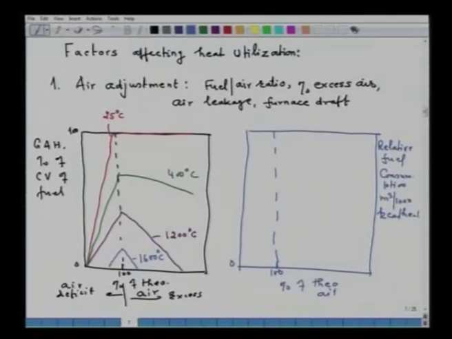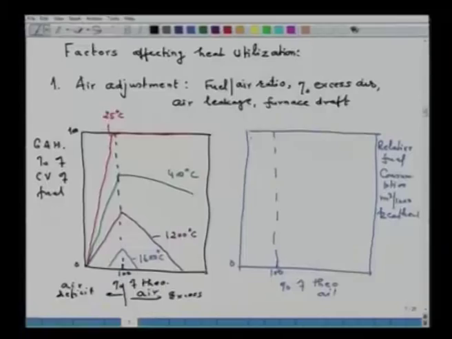So, if I now try to generate a plot of the fuel consumption with the theoretical air, then in the same way if I have a process critical temperature of 25 degrees Celsius, then the fuel consumption will be minimum. This is for 25 degrees Celsius.